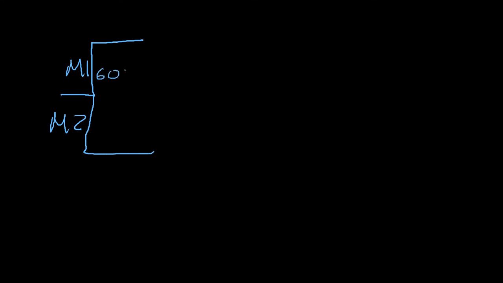So imagine that we have a factory, and that factory has 2 machines. Let's say machine 1 and machine 2. Machine 1 produces 60% of the factory's output, and machine 2 produces 40%.